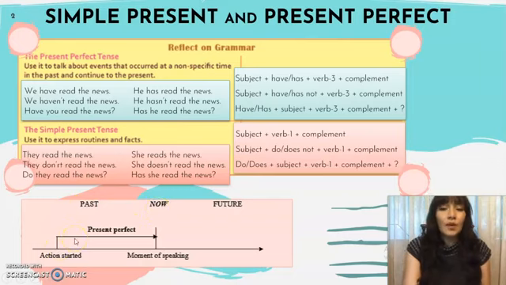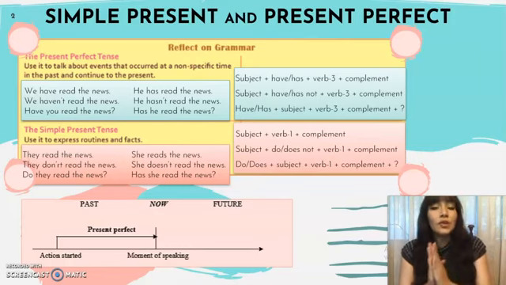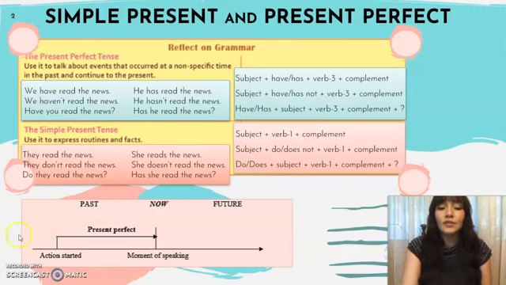So, let's remember, the present perfect tense talks about actions that started in the past but continue to the present. That means that the action doesn't finish yet. They don't finish.